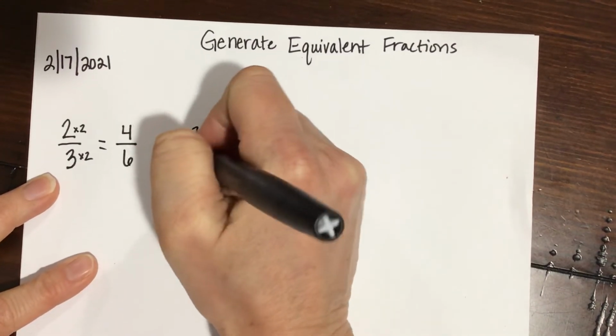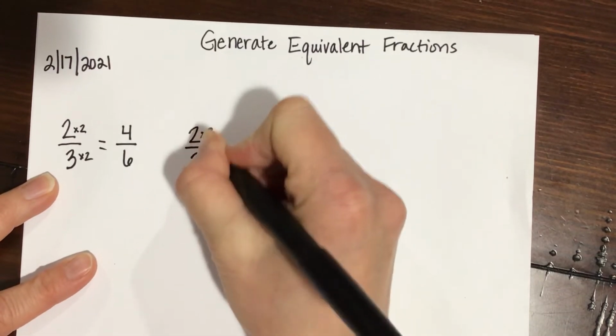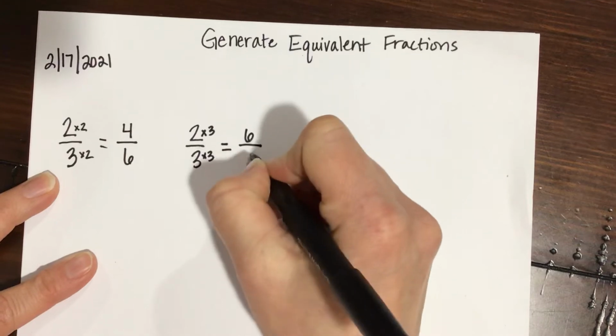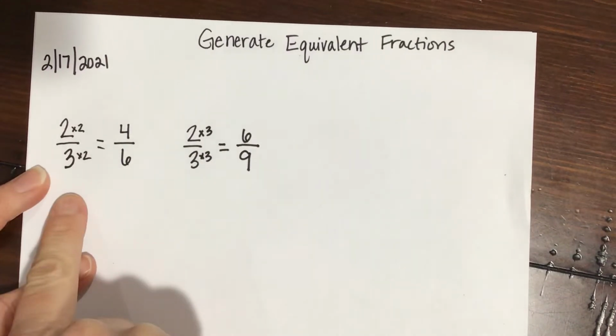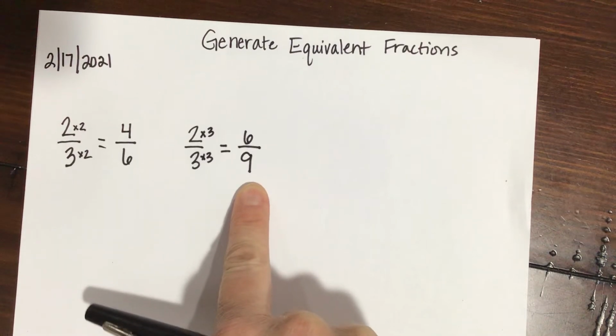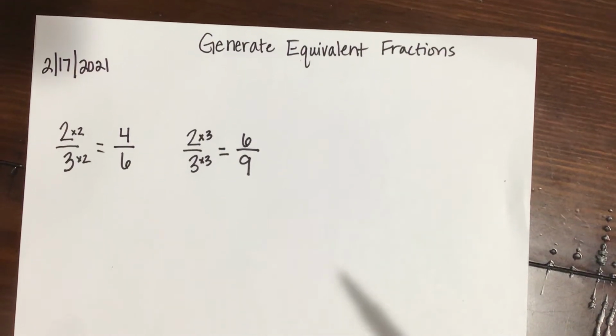You could also multiply the numerator and denominator by 3. 2 times 3 is 6, and 3 times 3 is 9. So 2/3 is equal to 4/6 and 6/9. There are an infinite number of possibilities for generating equivalent fractions for 2/3.